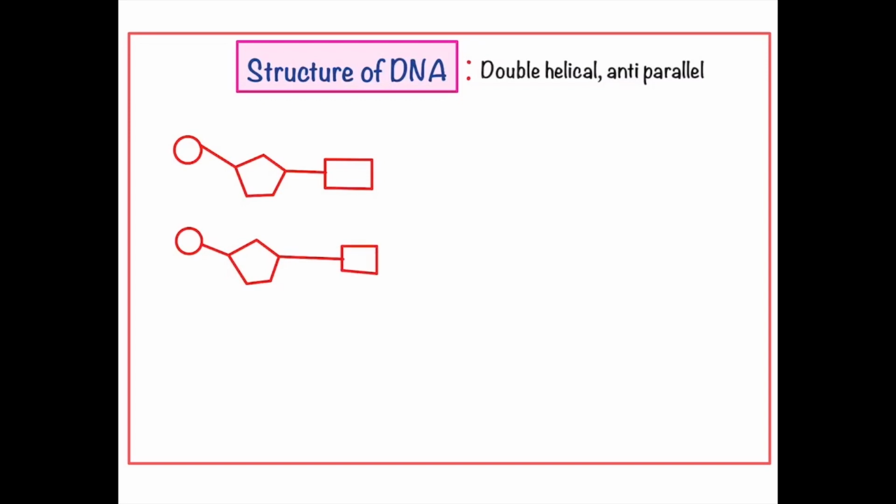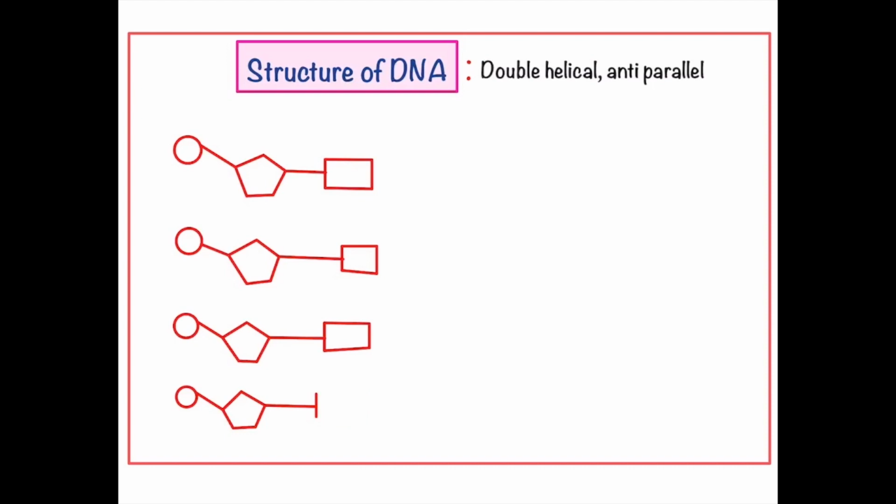So make sure, students, you have to draw it again and again. You have to practice it, then only you can draw it very easily, very quickly. You have to draw it 4 times because we want to show 4 nucleotides like this. So this is my 4th nucleotide, right? Okay, so this is the one strand of the DNA.